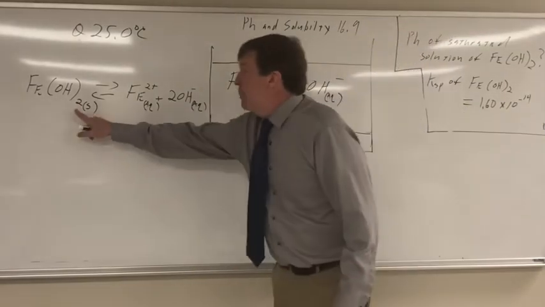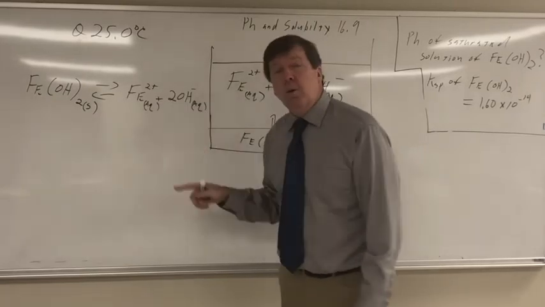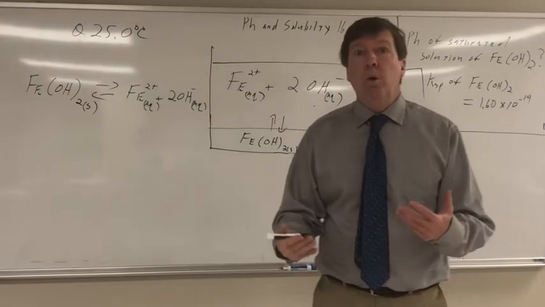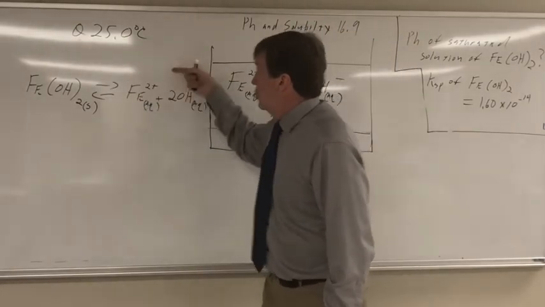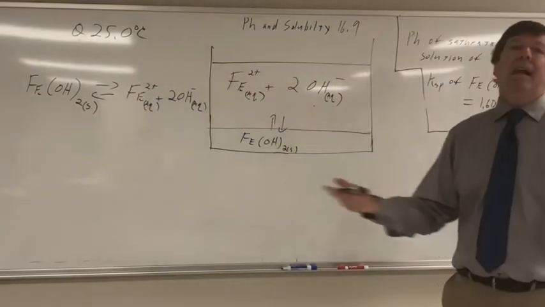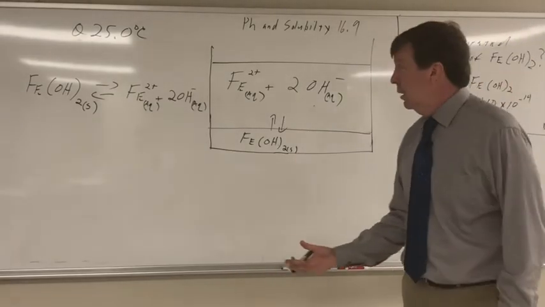I mean getting more of this to dissolve as ions. In other words, if you add an acid, would this equilibrium shift in that direction or back in that direction? Well, this is classic Le Chatelier's principle.